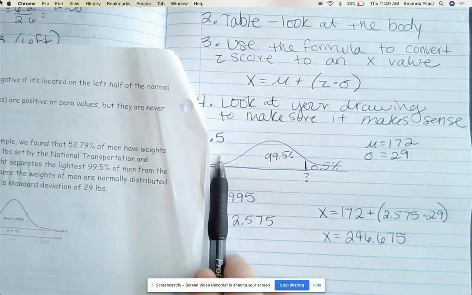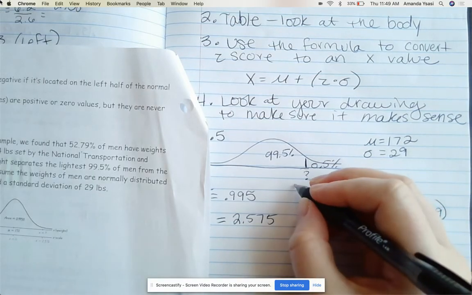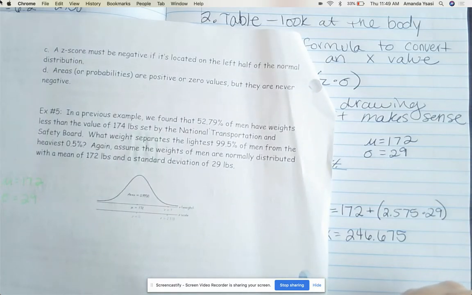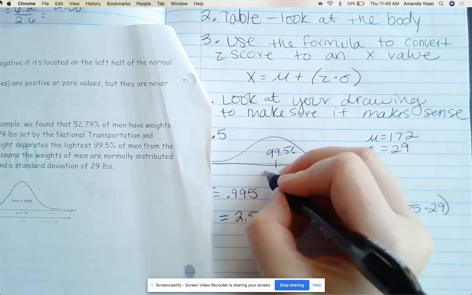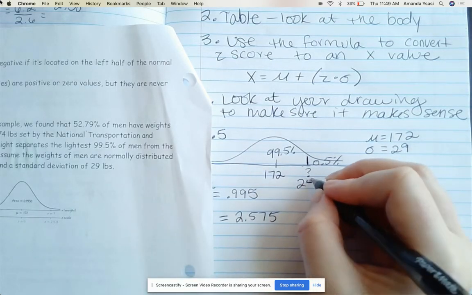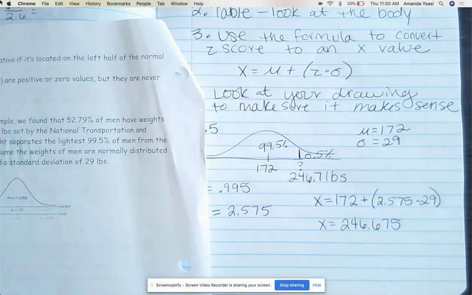So these are the lightest. So 246.7 is our weight that separates the lightest from the heaviest. If we put our 172 here, then this value right here would be 246.7 pounds. So we found that.